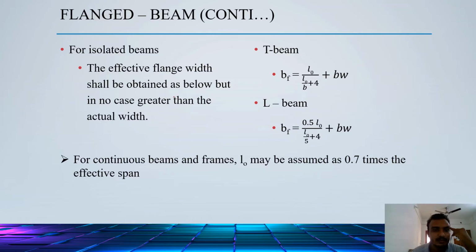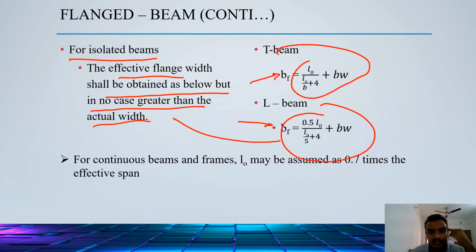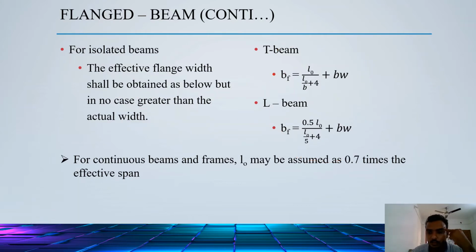Then after the flange beam, we have an isolated beam. The effective flange width shall be obtained as below, but in no case greater than the actual width. So in this type of condition we have two equations, so you can find the effective width by these equations also.